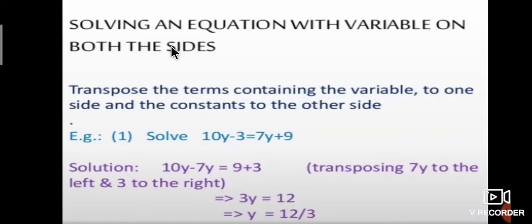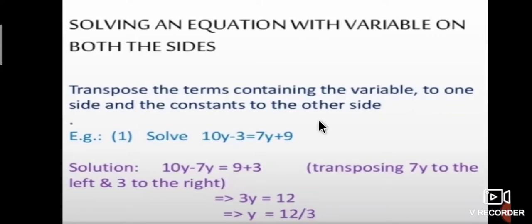Therefore, 10y minus 3 is equal to 7y plus 9. Dear students, in the rule of transposing, you remember one thing: transpose the terms containing the variable to one side, and the constants to the other side. According to this rule, we transpose variables on one side and constants on the other side.